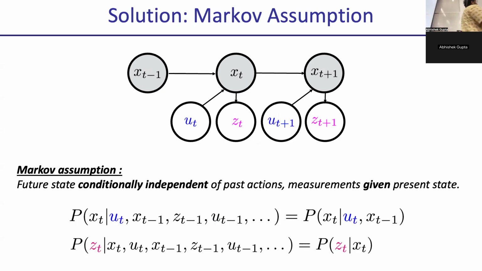The two important properties we're going to use are the Markov property on the state and the Markov property on the measurements. The Markov property on the state says that if I knew x_{t-1} and u_t, you don't need to have any dependence on the past. To be clear, this doesn't say that you know x_t.